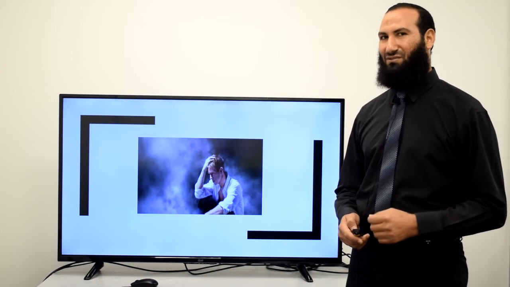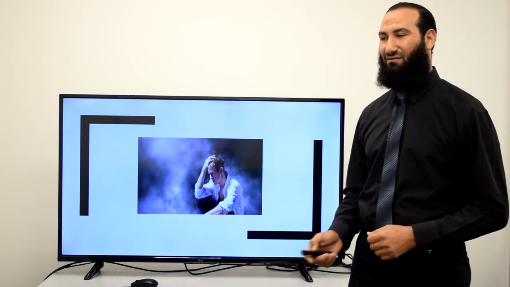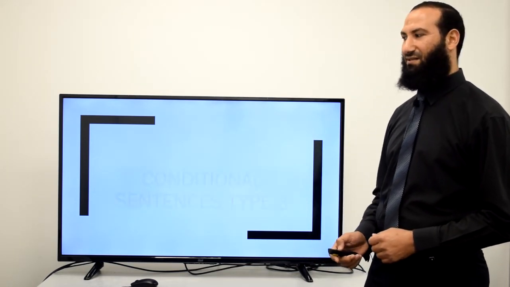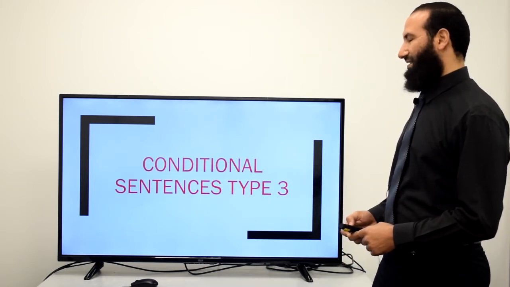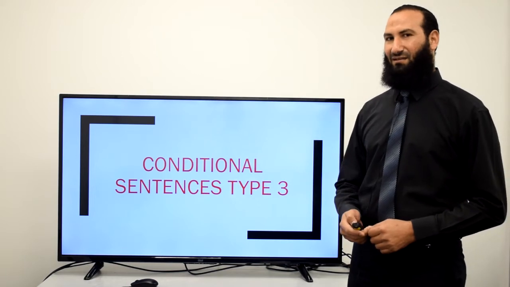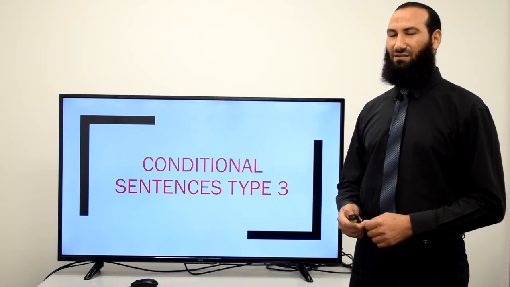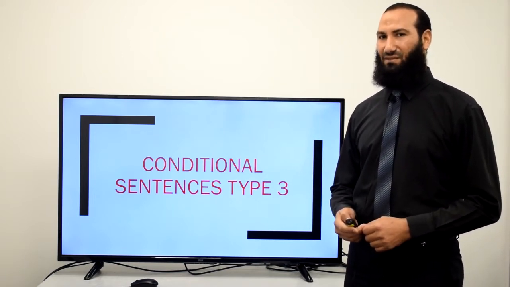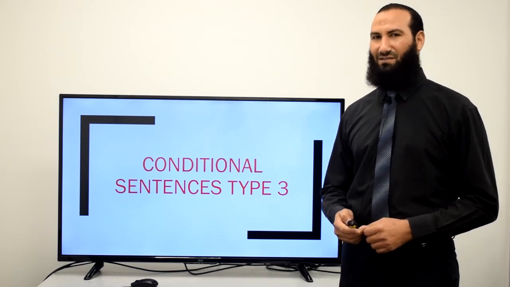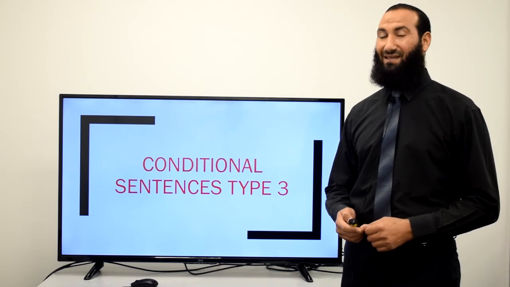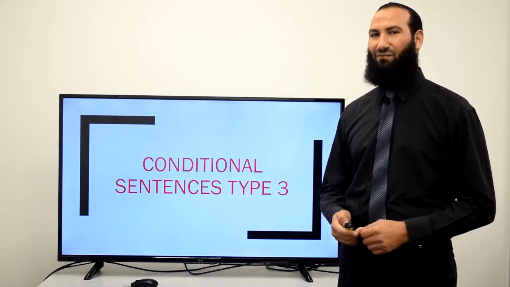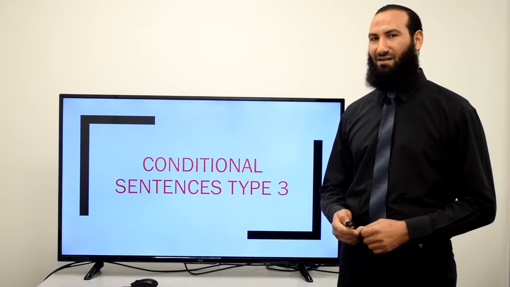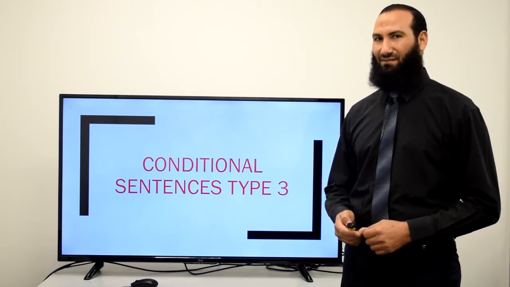So, if you want to express regret, you should learn something really important, which is conditional sentences type 3. Type 3 is rarely used by our students, unfortunately. That's because they didn't learn how to use it. Some of you, I know, are excellent and can use it, but today I'm going to focus more and more on type 3.